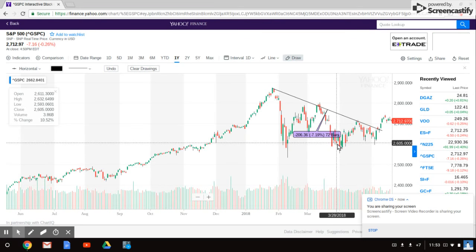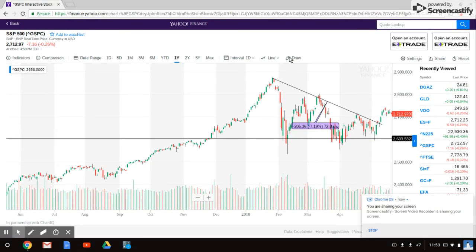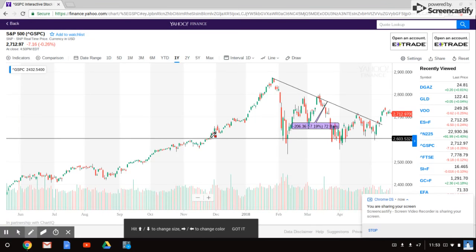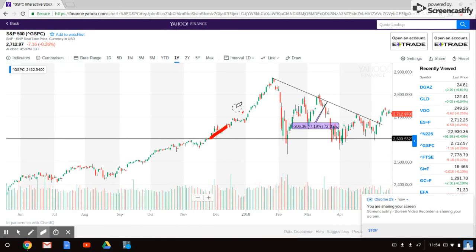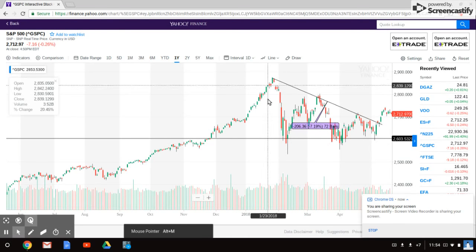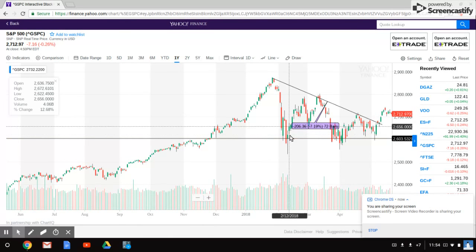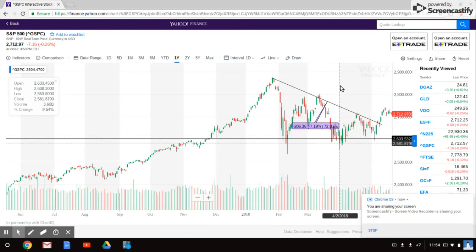There's a couple things I want to point out. This is why you use real trading software. 2018 started off and we pulled to the high. And what you see now, we went to the high, we pulled back, and you see it's a very typical pattern of a triangle.